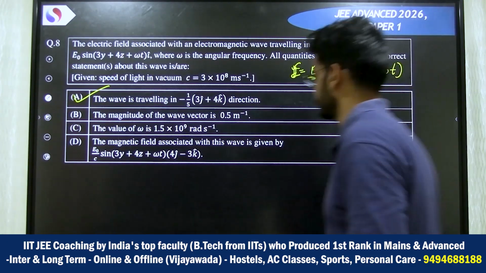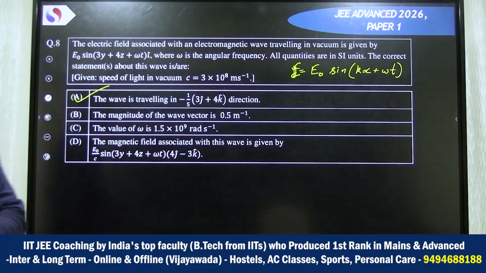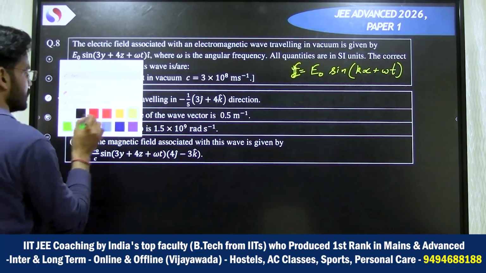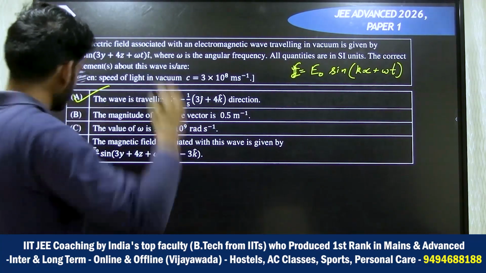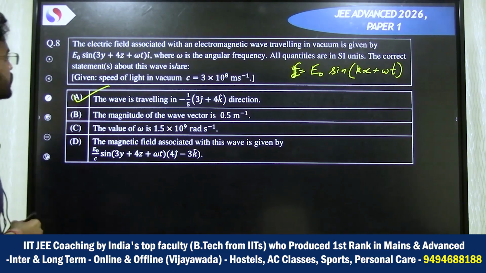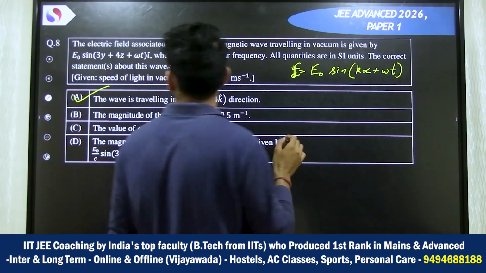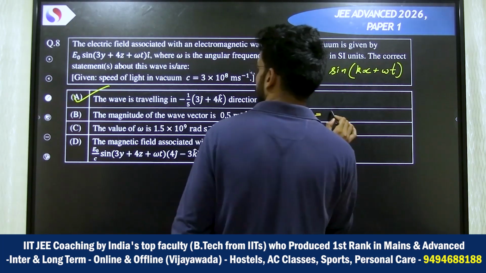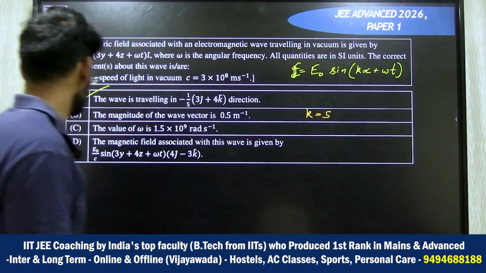Okay, wave vector only, same thing. I was just confirming it. Magnitude of wave vector, so k we have to solve. If you solve for k, the magnitude is 5. So I think not 0.5, so this is not okay.